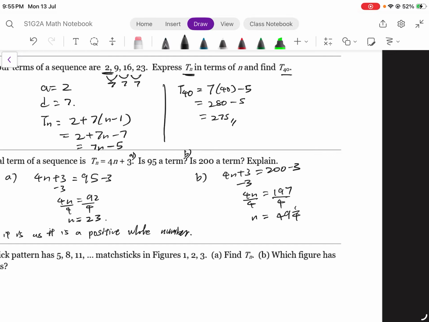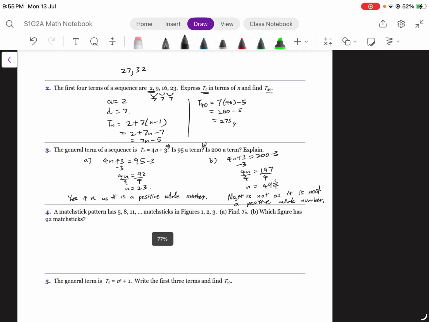So no, it is not, as it is not a positive whole number.